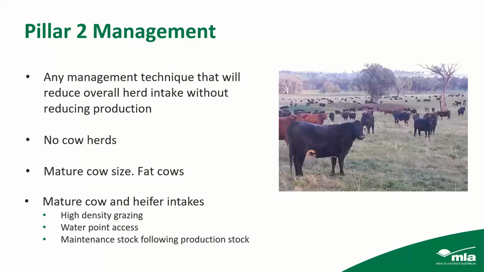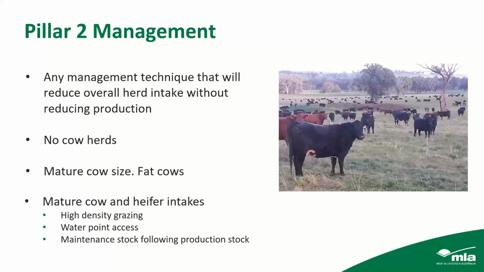methane output. So I want people to think seriously about the part that says any management technique that will reduce overall herd intake without reducing production will go towards reducing methane output. It just sets us at a different angle than we maybe all traditionally have thought about this.